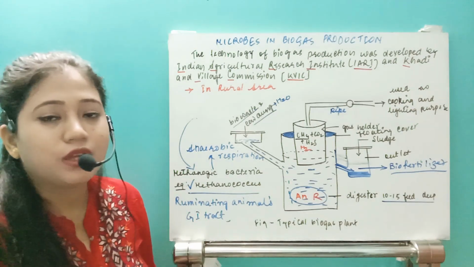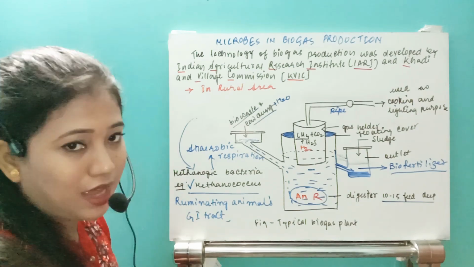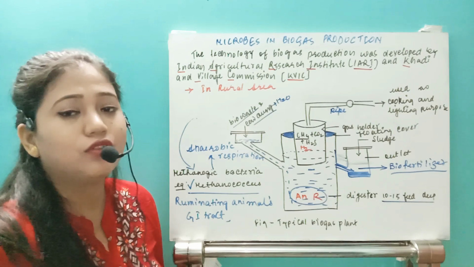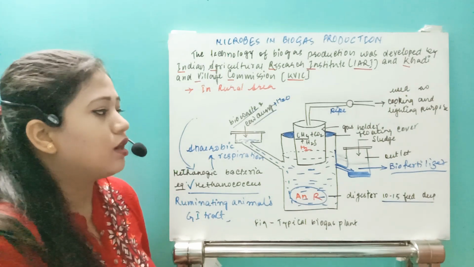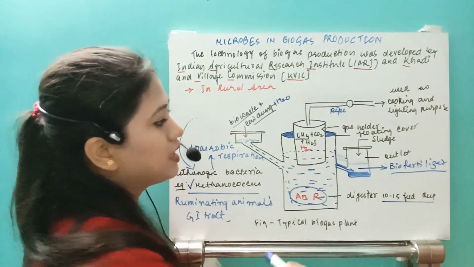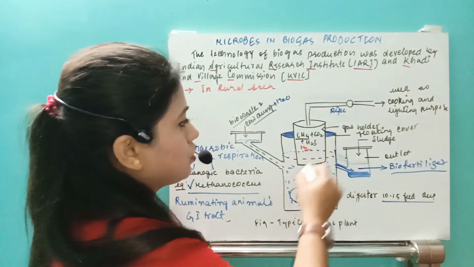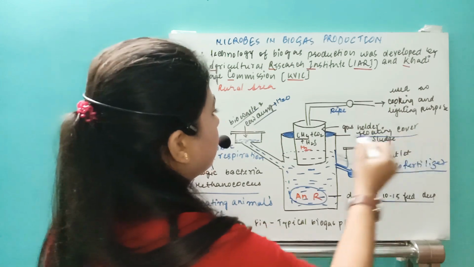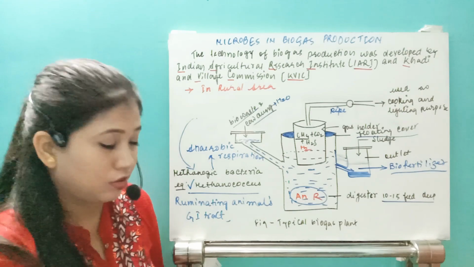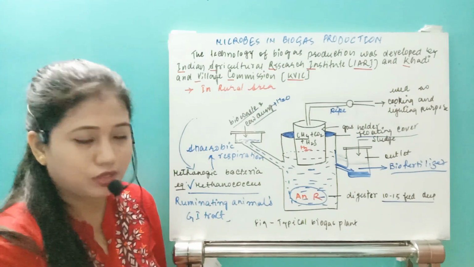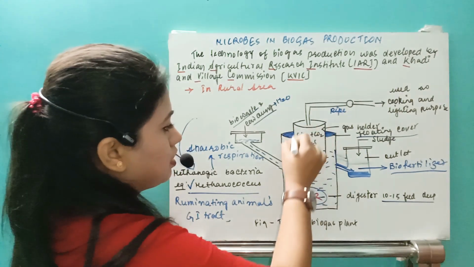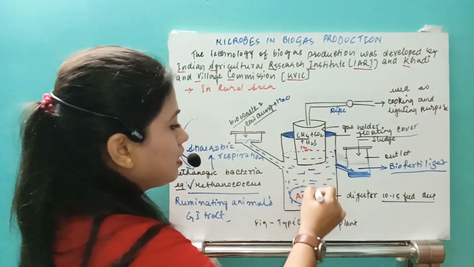After anaerobic respiration, it will produce gases like methane, carbon dioxide, hydrogen sulfide, hydrogen, etc. To avoid the evaporation of the gases, in this digester we have a floating cover. This floating cover completely seals the whole digester tank, right? And there is a gas holder.